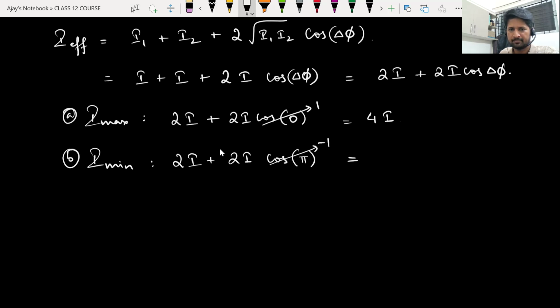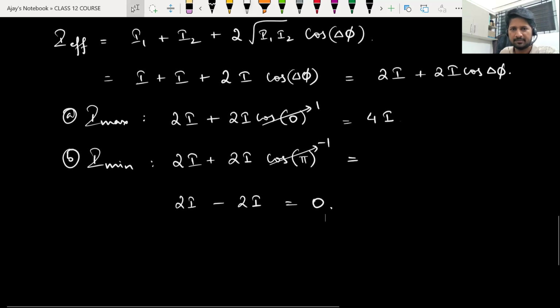It becomes 2I minus 2I. The -1 is only for the second 2I, no? So effective intensity becomes 0. Clear?